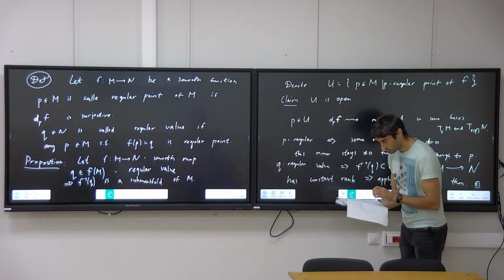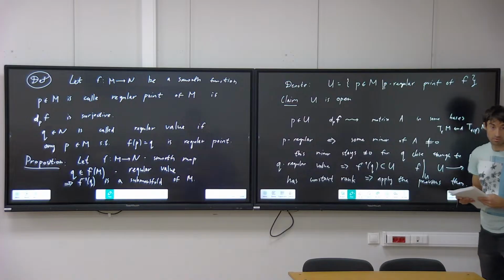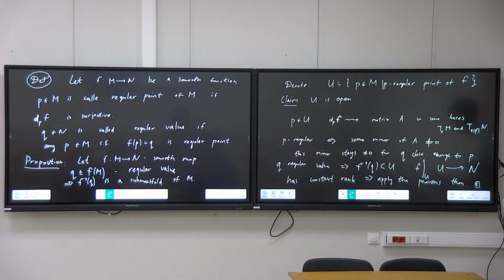Okay. So this condition solves the issue with the requirement of the constant rank. Maybe it's hard to check whether your map has constant rank everywhere, but the message is that you don't need it.